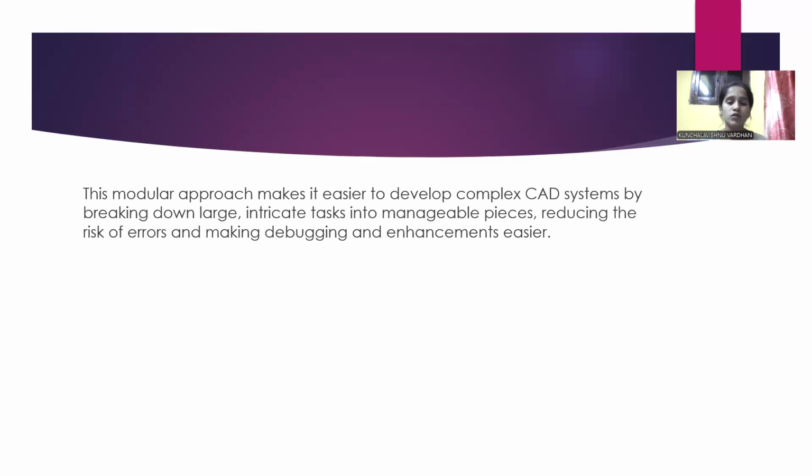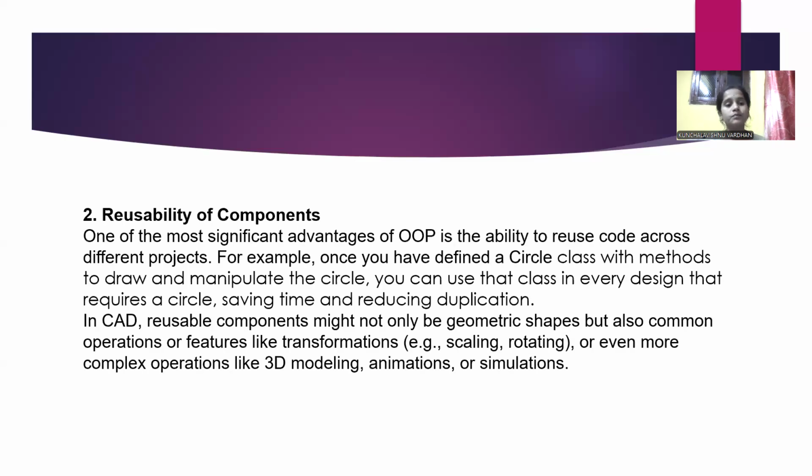This modular approach makes it easier to develop complex CAD systems by breaking down large intricate tasks into manageable pieces, reducing the risks of errors and making debugging and enhancements easier.